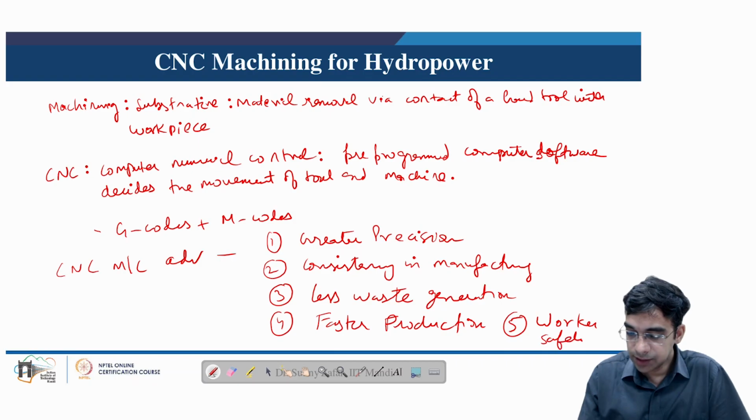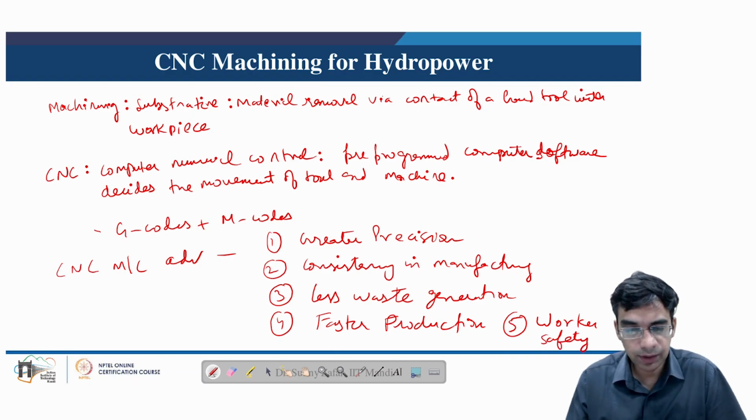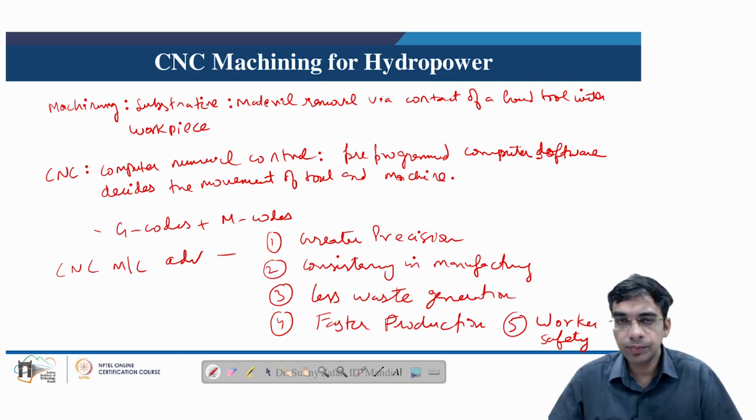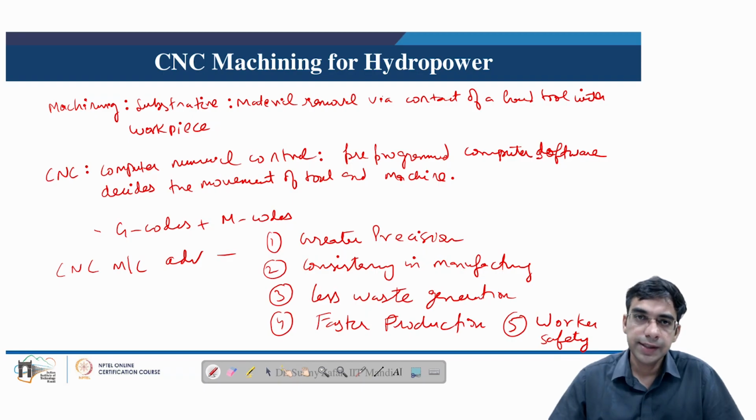So because of these reasons, CNC machining is very popular, and especially when we are machining large components such as the components used in hydropower, CNC machining is a very valuable tool.